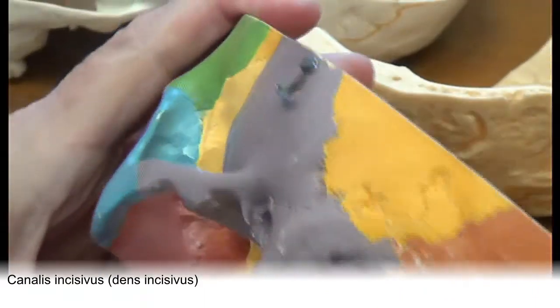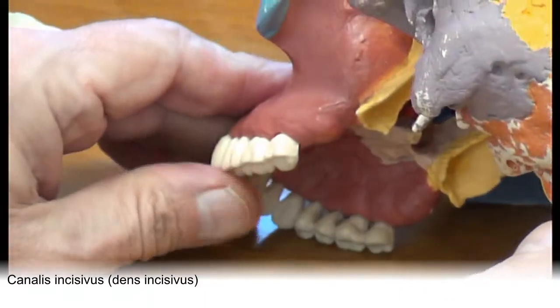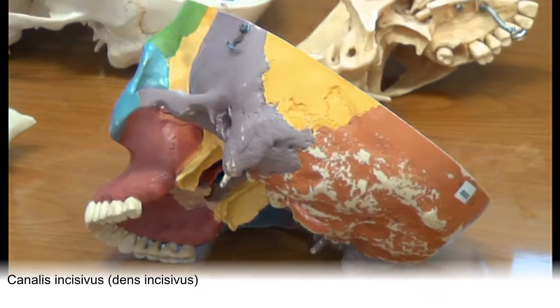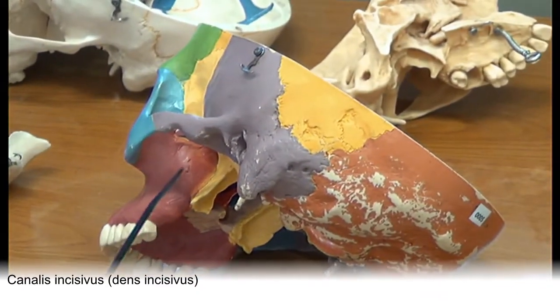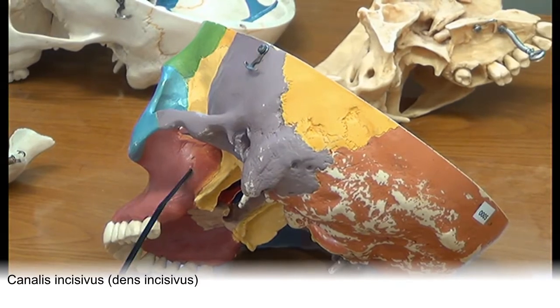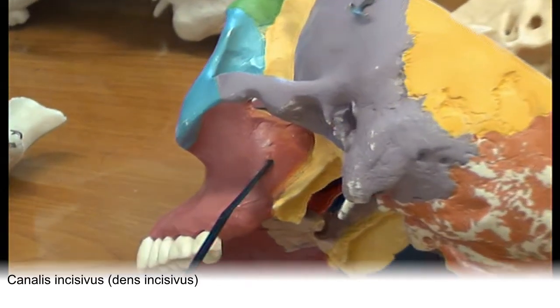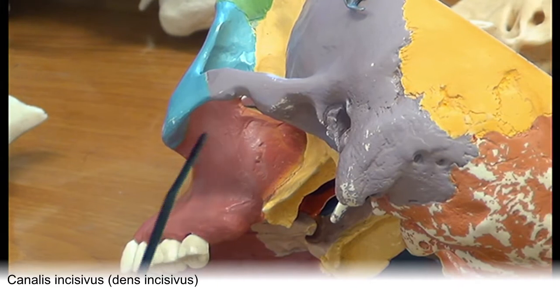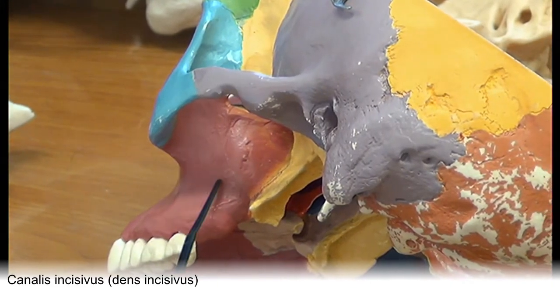Another interesting detail on os maxilla are these small foramina. Where can we find them?